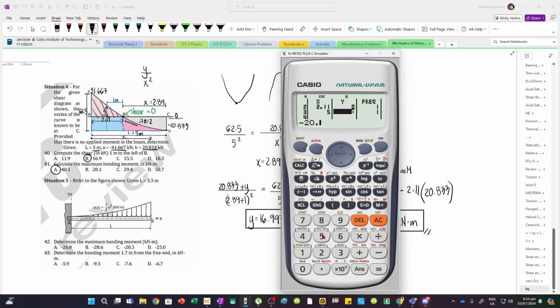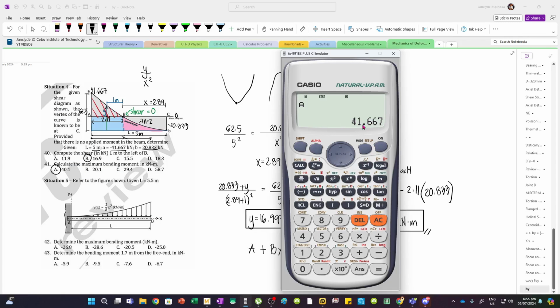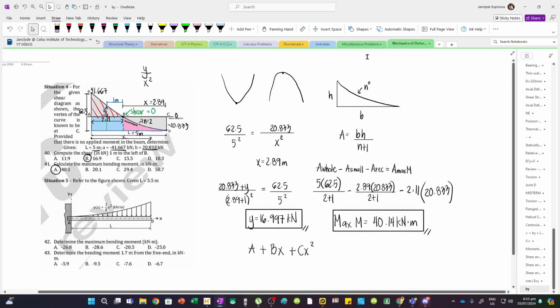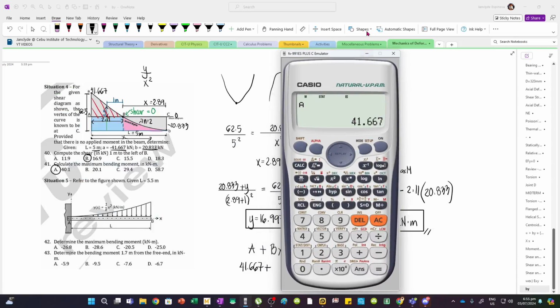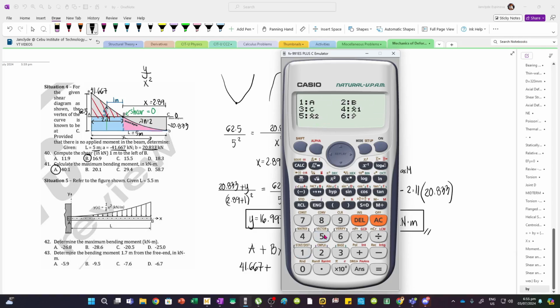So minus 20.833, press equals, and then AC, press AC, and then shift 1, press 5. So this is for regression. So press 5 and then press 1. We're going to get 41.667. Now, by the way, the function in the calculator is expressed as a plus bx plus cx squared. So now the value of a is 41.667. And then plus, we're going to get b. So shift 1 and then go to regression again, and then press 2.